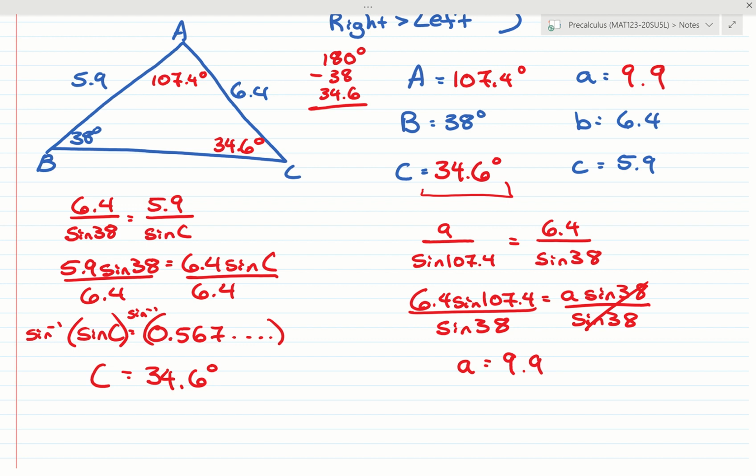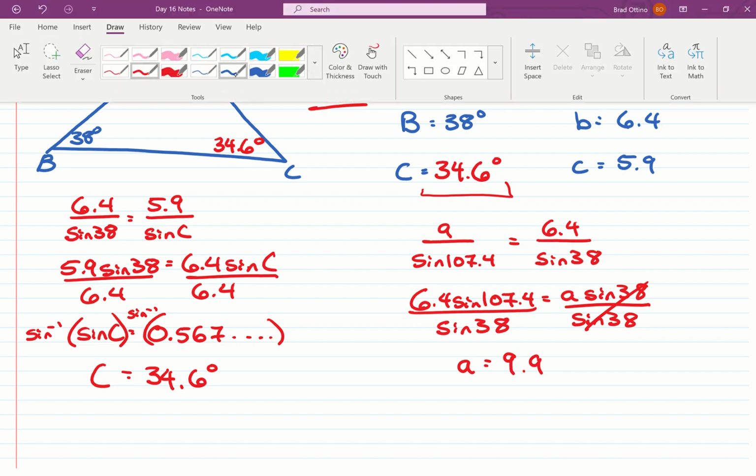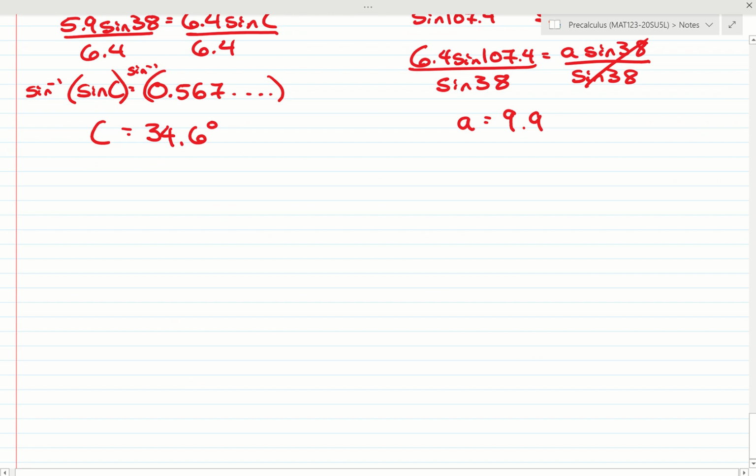So now let's take a look at another example. All right, so in our next example, let's take a look at this, where angle B is equal to 38 degrees, side B is 2.9, and side C is 5.9.